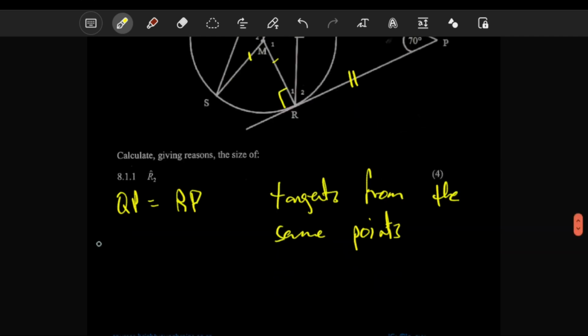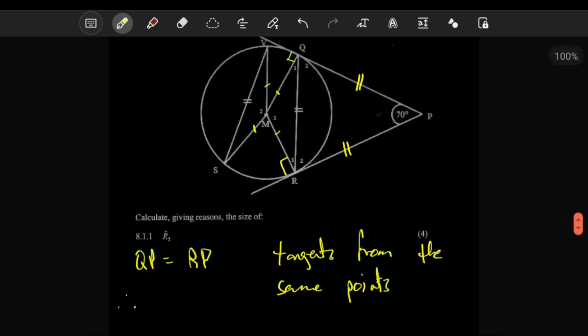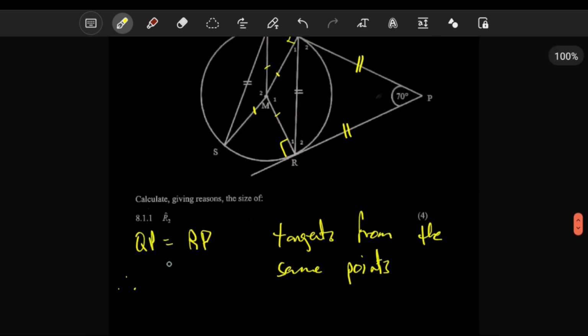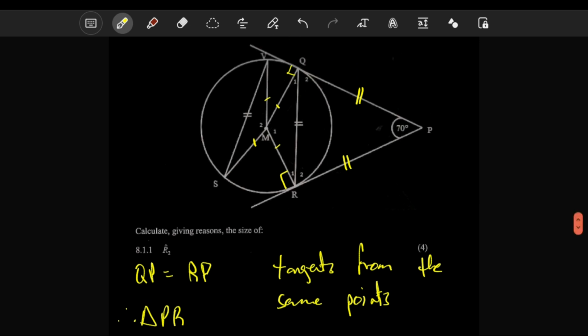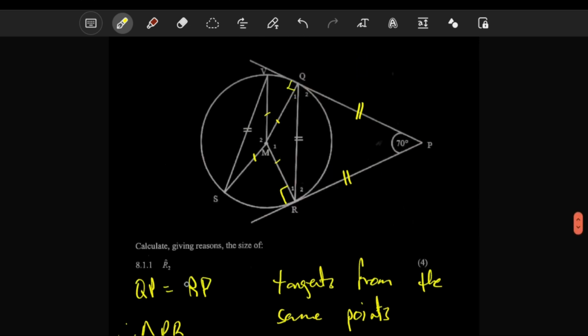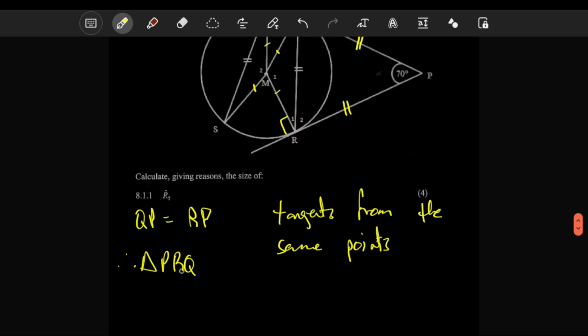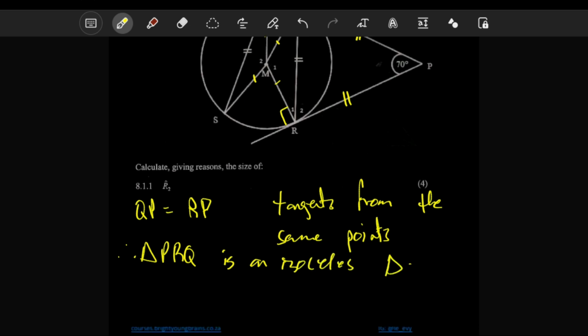Okay, so therefore we can say RPQ is an isosceles triangle. This is more of a conclusion from the statement we've just made. Let's say PRQ, since I wrote PR first. So therefore this is an isosceles triangle. You see, that's a conclusion.